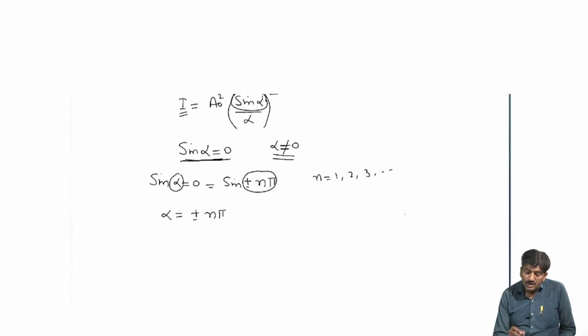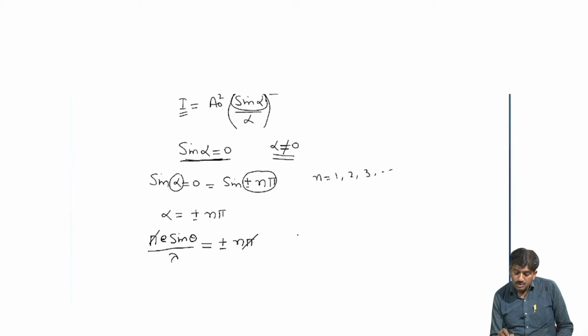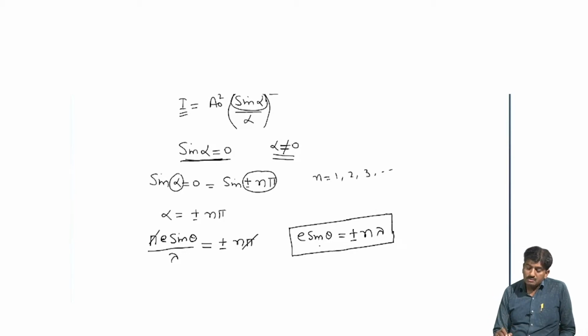And alpha, as we know, is equal to pi e sin theta upon lambda equal to plus minus n pi. Pi cancels out and it becomes e sin theta equal to plus minus n lambda. This is the condition of principal minima, e sin theta equal to plus minus n lambda.